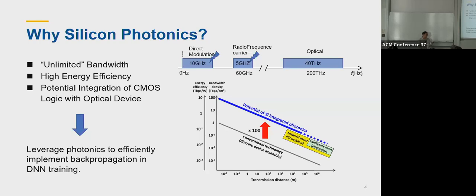At the same time, in short-distance data transmission, the energy efficiency of optical signals can be 10 terabits per second per watt, while the efficiency of electrical is only 1 terabit per second per watt. Due to the advantages of photonics in high bandwidth, long distance, and low power consumption, people want to integrate optical devices at the chip level.